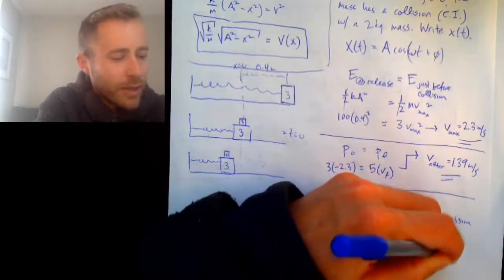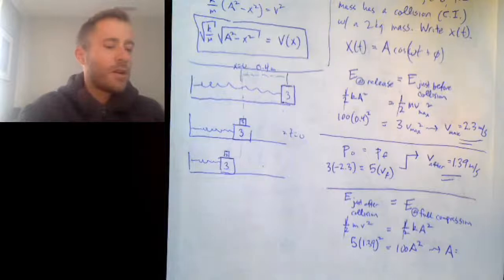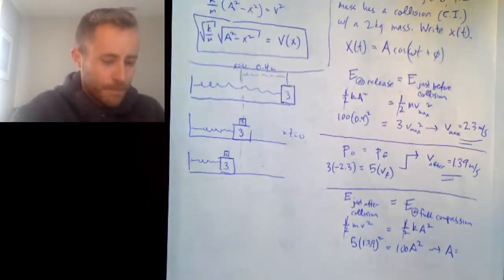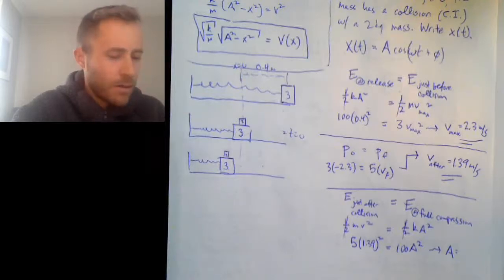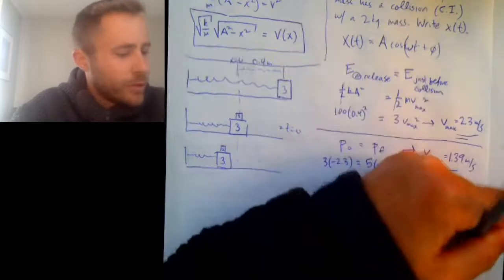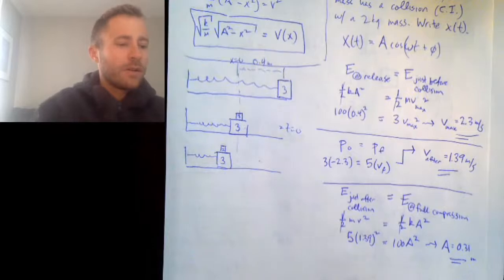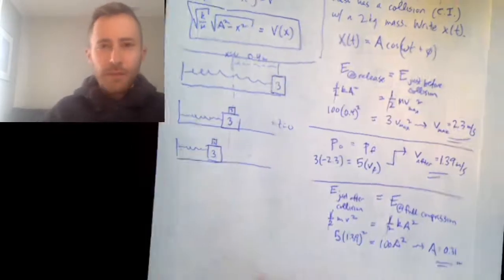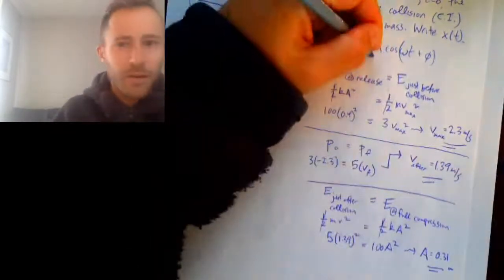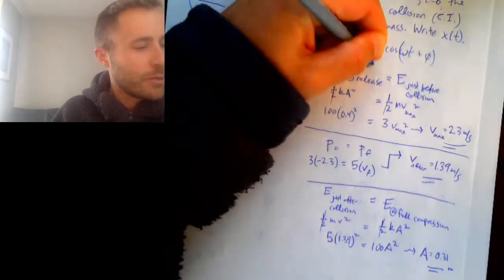This says that the amplitude is 0.31 meters. Okay. So I know that this number right here is 0.31.